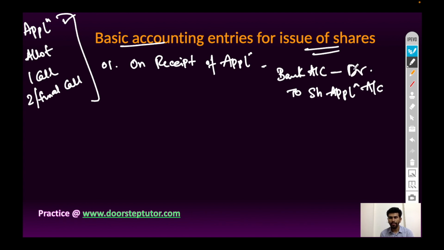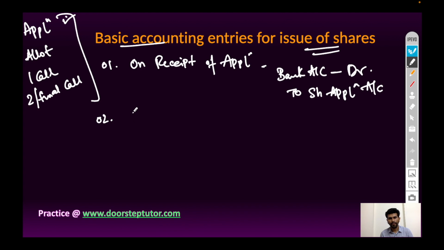Bank account debit because at the time of application, the applicant will pay application money, so the amount will be debited. Bank account debit because cash comes into the business, so bank account debit to share application account.